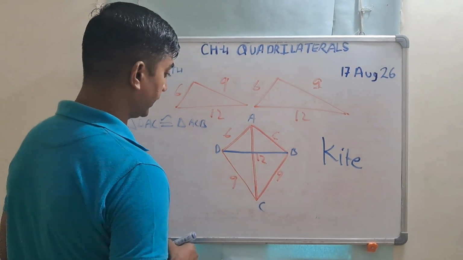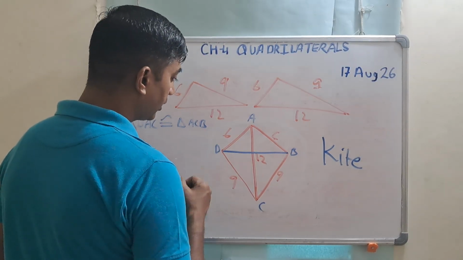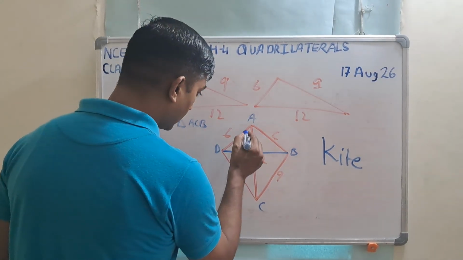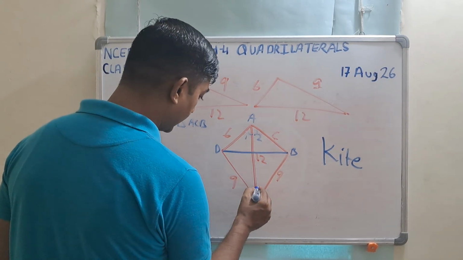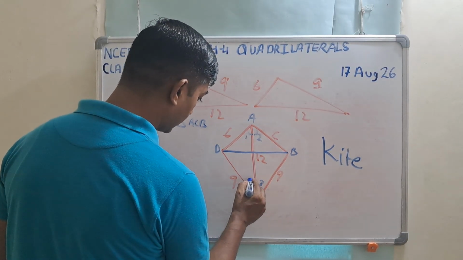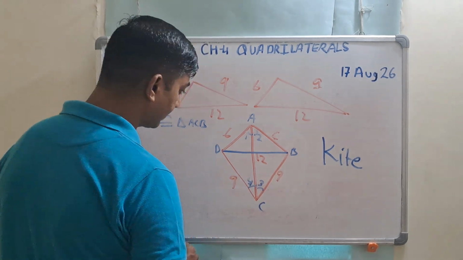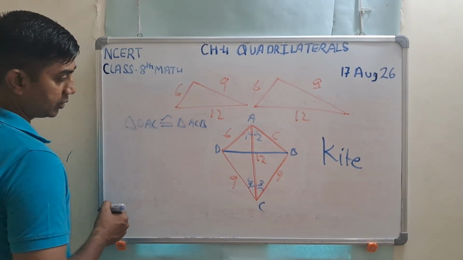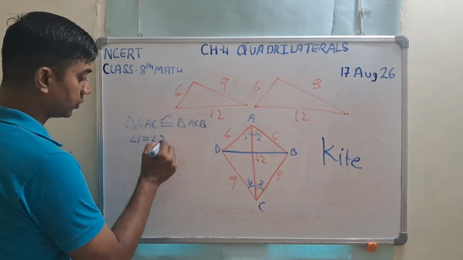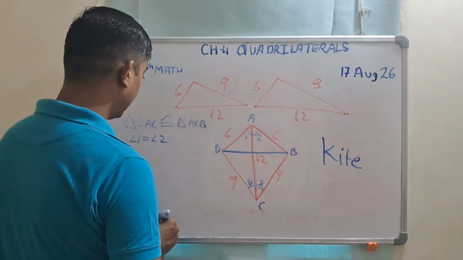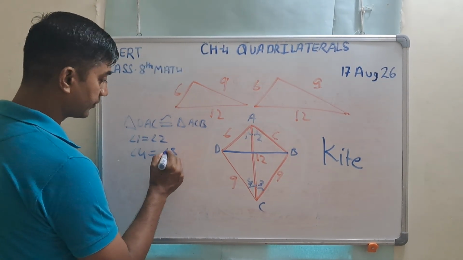In that congruency, what we have concluded is that if we mark this angle as 1, this angle as 2, this angle as 3, and this angle as 4, then by the corresponding parts of congruent triangles, angle 1 is equal to angle 2, and angle 4 is equal to angle 3.